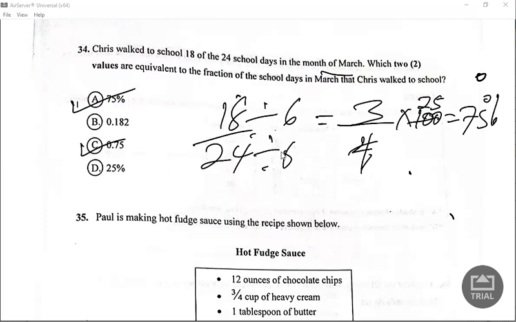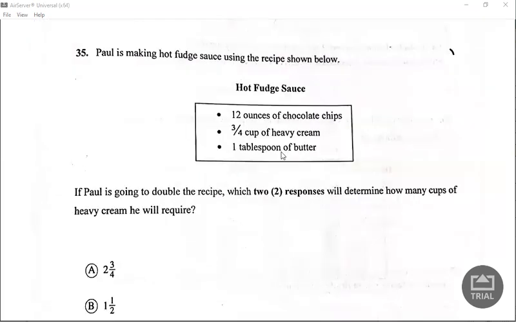35, Paul is making a chocolate sauce using the recipe shown below. So we have 12 ounces of chocolate chips, 3/4 cup of heavy cream, 1 tablespoon of butter. If Paul is going to double the recipe, determine how many cups of heavy cream. Notice they want heavy cream, so we focus on this 3/4 here.